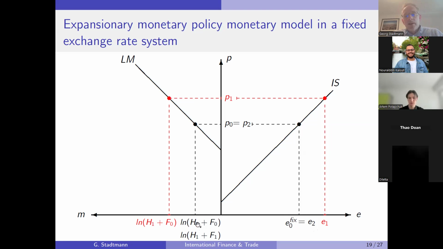So the level of money supply in the initial situation is equal to the level of money supply in the new equilibrium, but the structure of money supply has changed. The domestic component of money supply is larger and the foreign component of money supply is smaller.